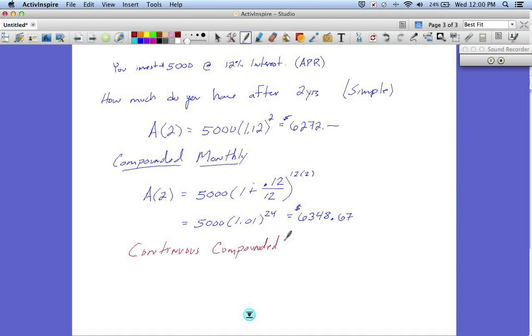So a little unrealistic, but most population is done on a continuous model. Population growth, how people are born and how they pass away, the amount of people in the world, the amount of rabbits, the amount of any kind of population, dust mites, they grow on what's considered a continuous model.